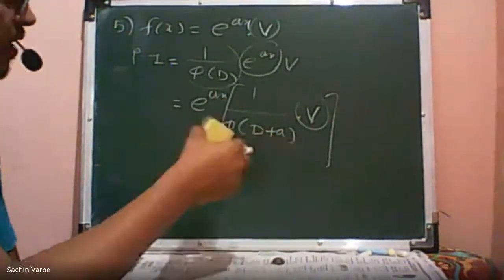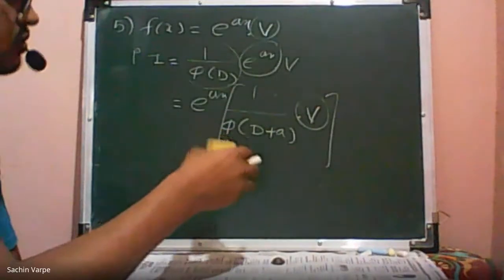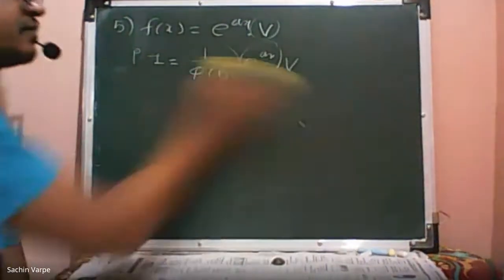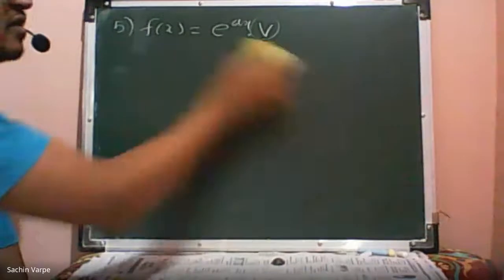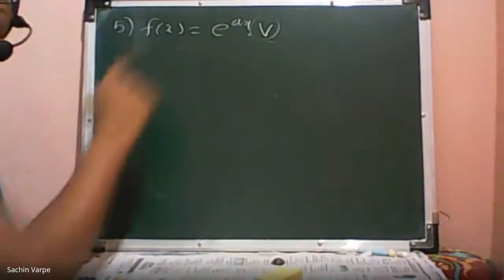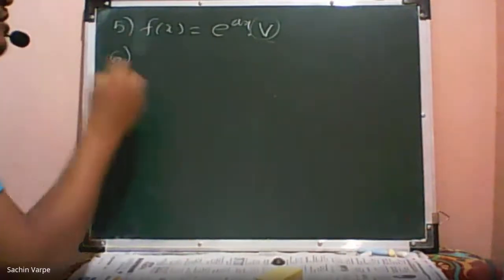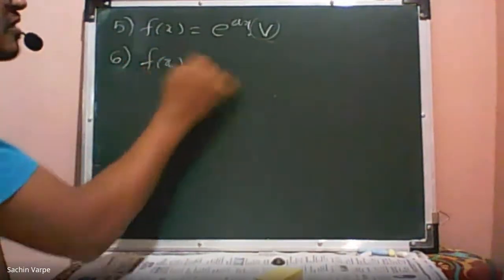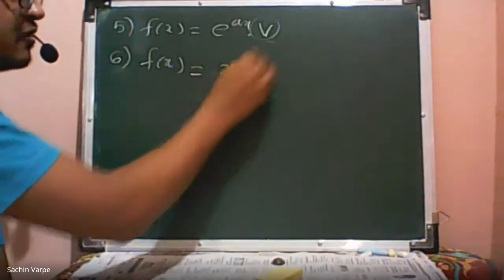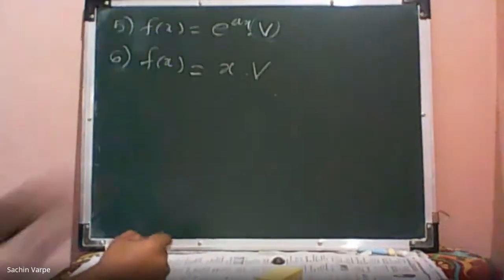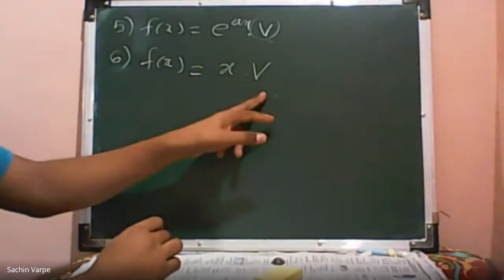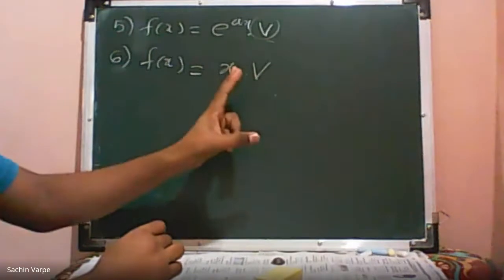Then after that, the next case is, so I think we have discussed an example on this case also. Please check if not. Then the next case is when f of x is x into v, where v is any function of x, where the power of x is 1 only.